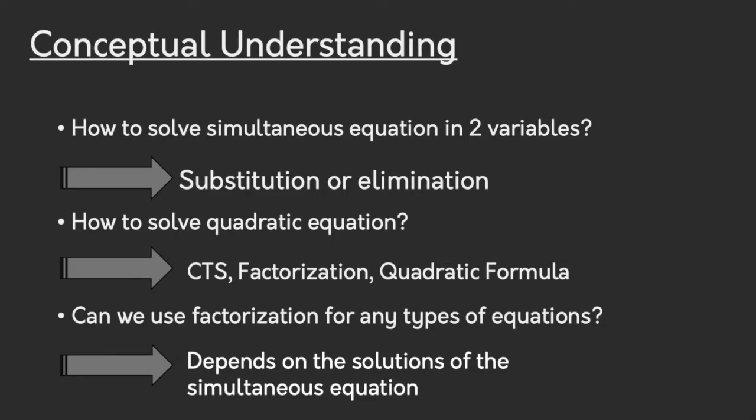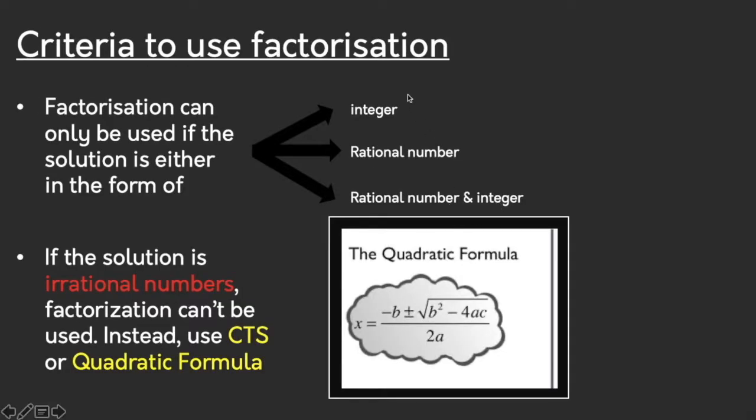But factorization, we can only use for certain types of equations with certain solutions, which are integers or rational numbers. So if the solution to the general form of that quadratic equation is neither of these, which means irrational numbers, then you need to use either CTS or the quadratic formula.